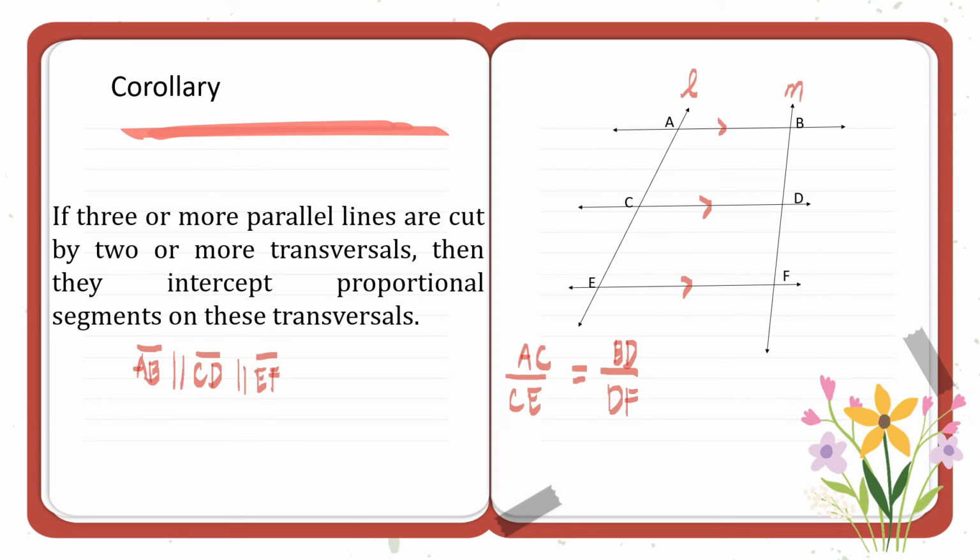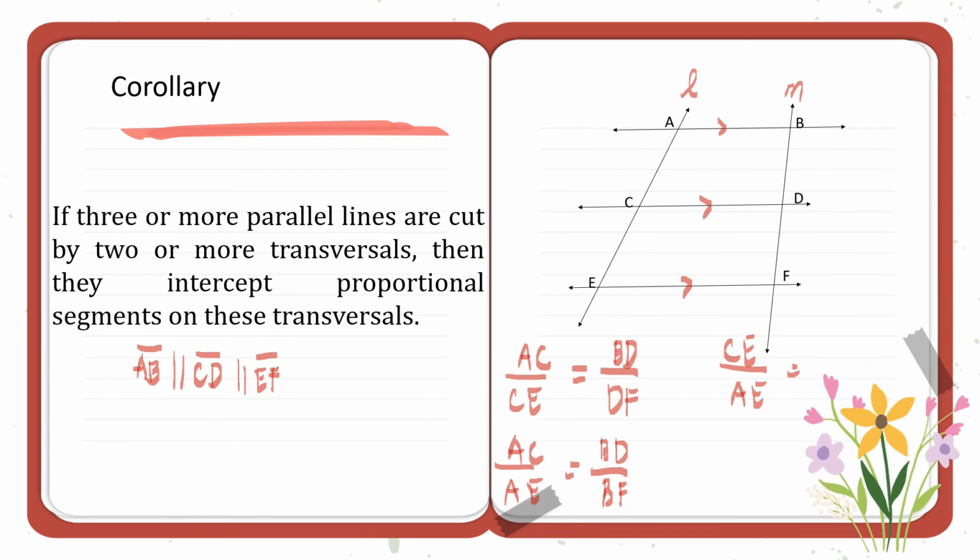Or it could be AC over AE is equal to BD over BF. Could also be CE over AE equals DF over BF. Alright?